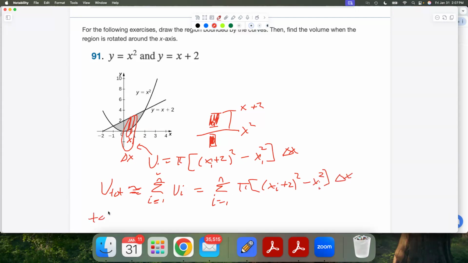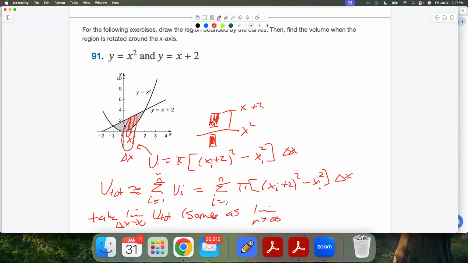And then we take the limit as delta x goes to 0, which is the same as taking the limit as n goes to infinity.